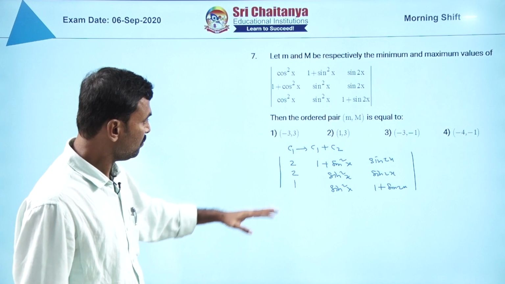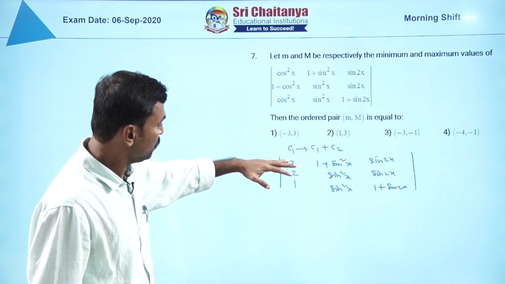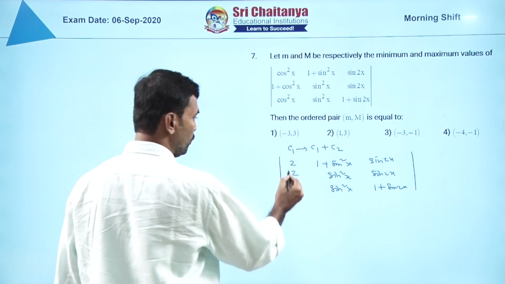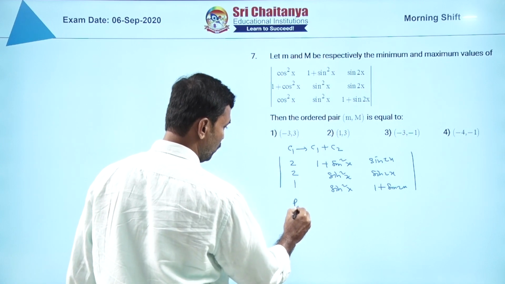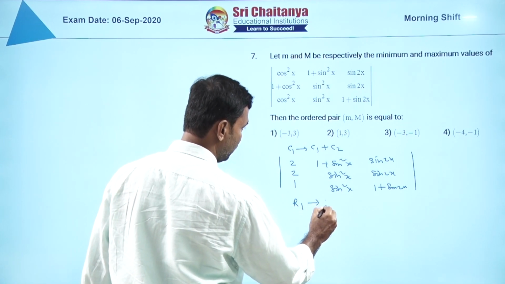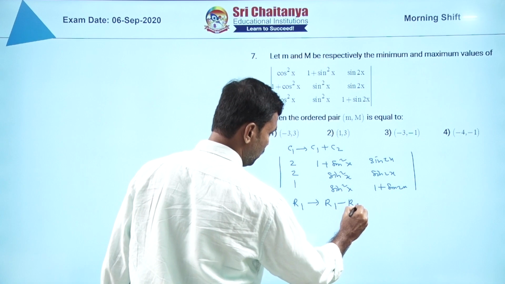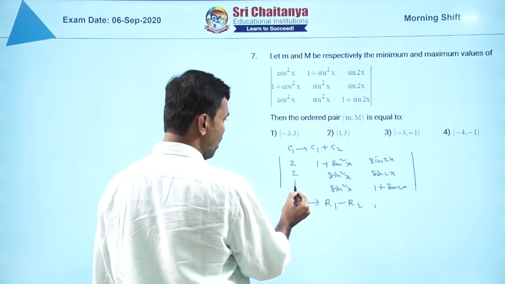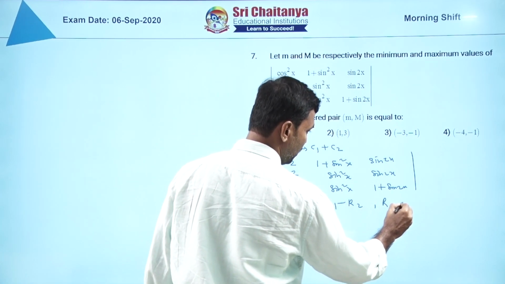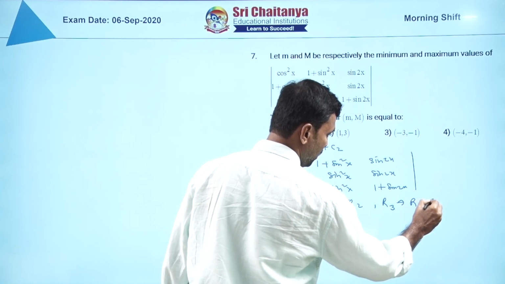Now, 2 is there, so I am using row operation. R1 I am changing as R1 minus R2, simultaneously R3 as R3 minus R2.